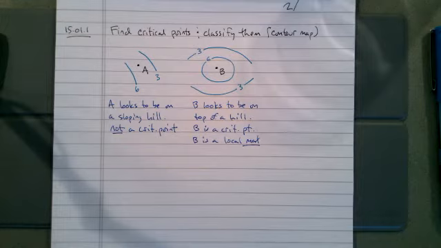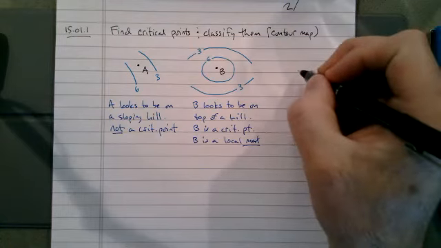So point C is the other point in consideration. Point C is sitting at a place where contours are crossing. So C is in an interesting position.